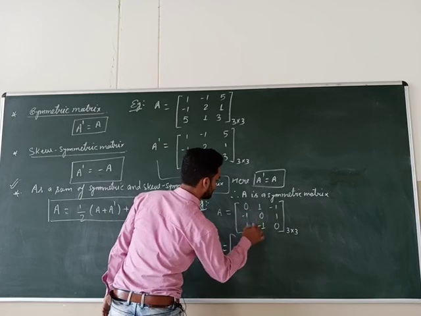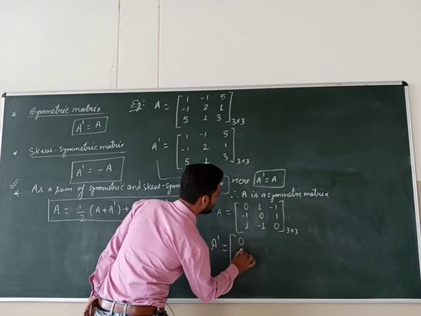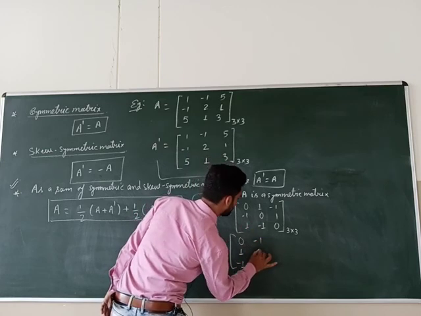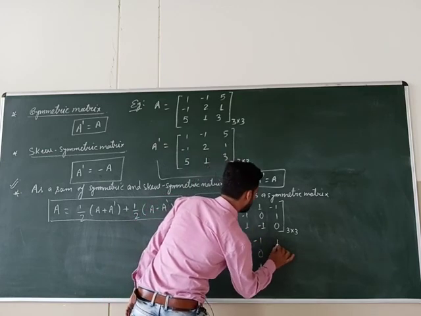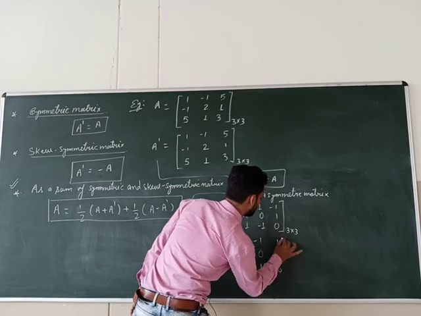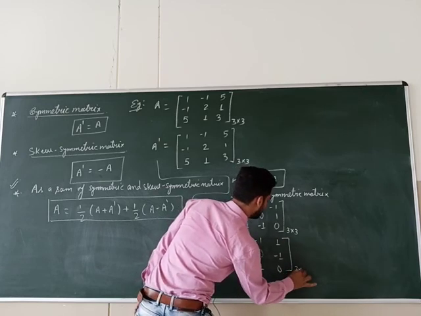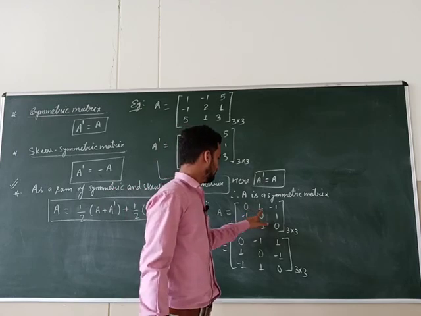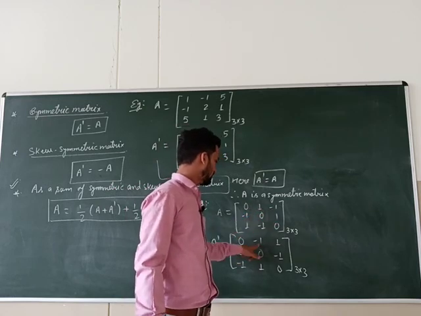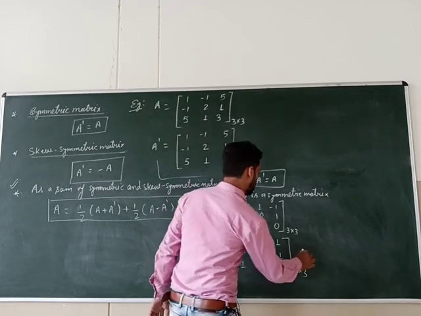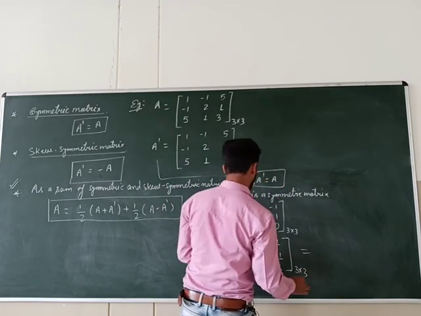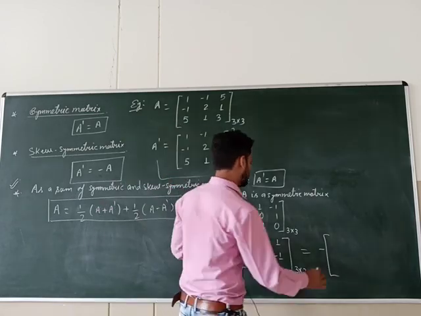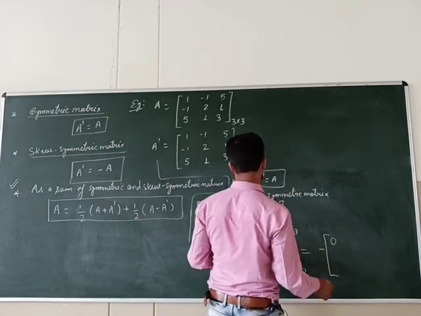Let us see, this will be what? The first row becomes the first column, then the second row is minus 1 0 1 and the third row is 1 minus 1 0. This will be of order 3 cross 3. Here you see, if we take minus out from this transpose matrix, this will be 0, no need to write any sign.